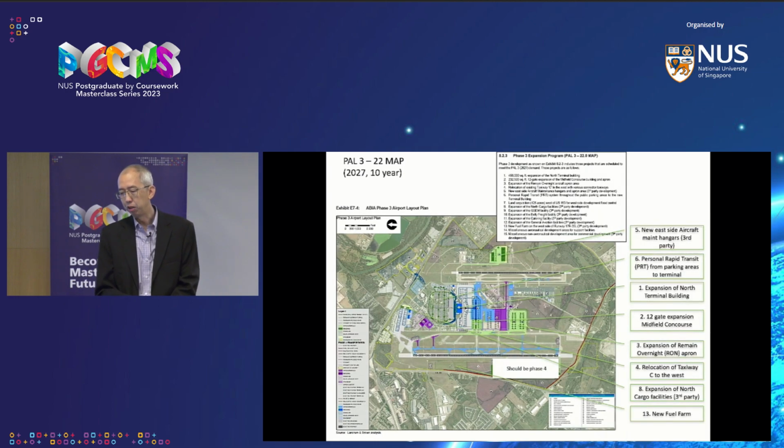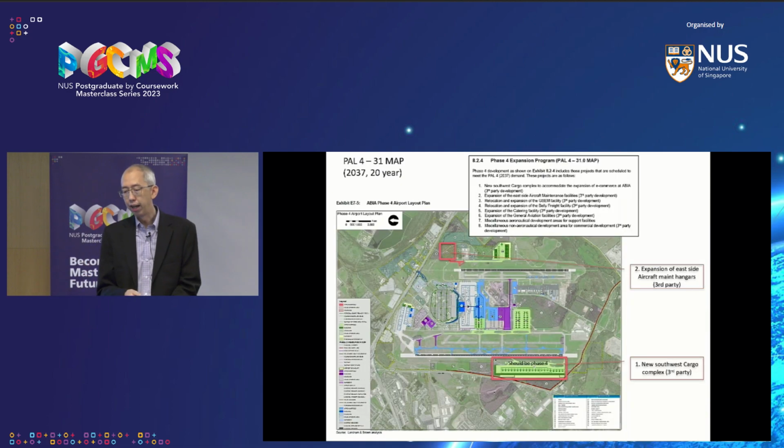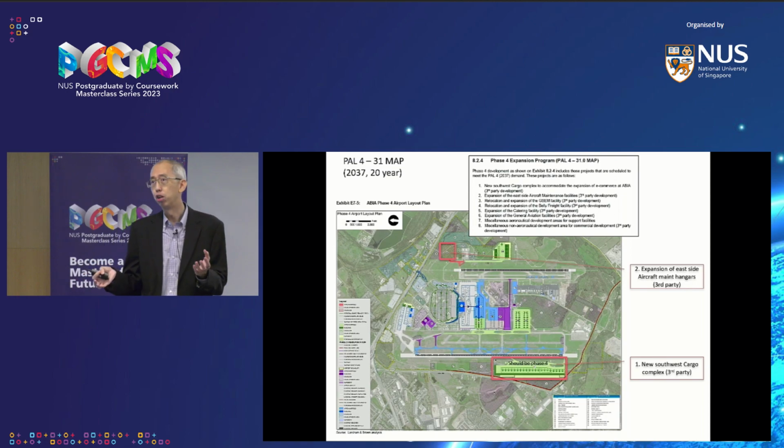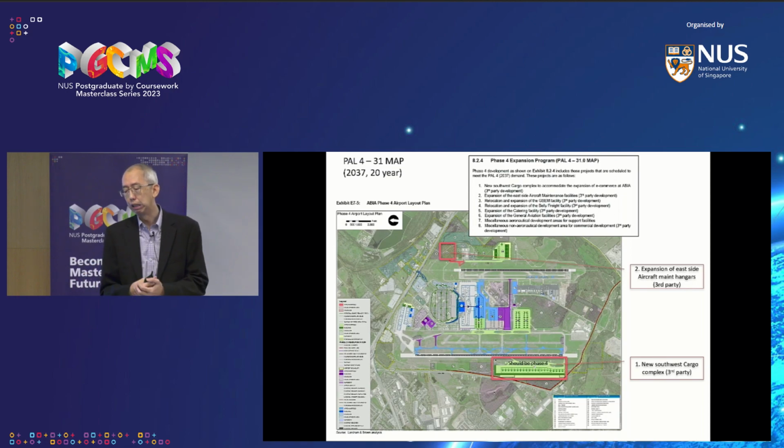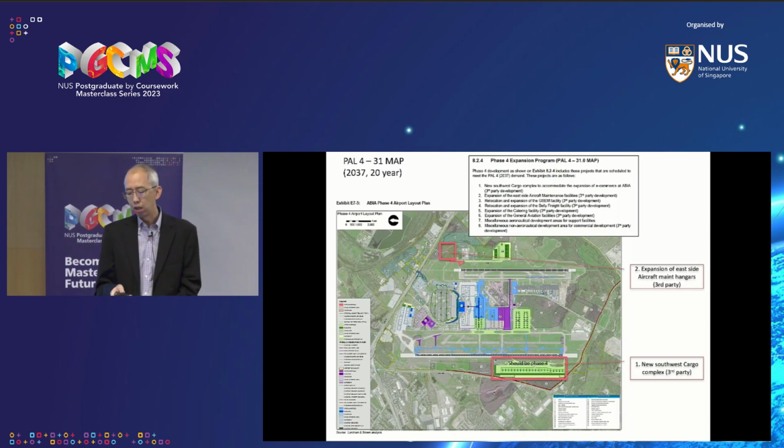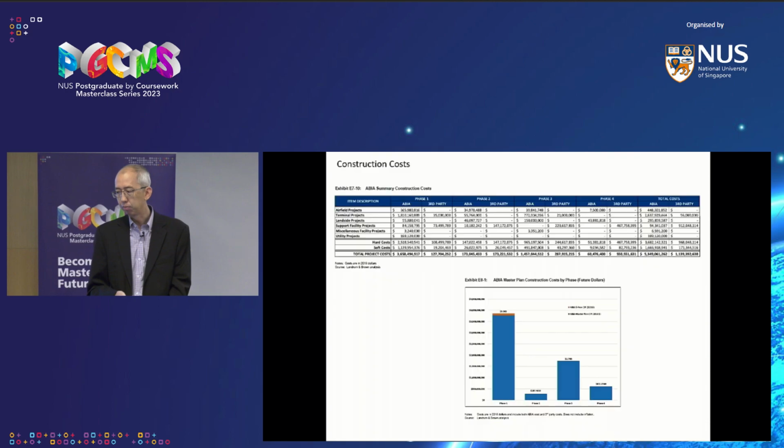And then they're going to build the green at the 10-year mark, but of course it can be accelerated. And then they're going to build the pink. And at the bottom of the screen, you can see that's the new cargo complex that they could actually build if Amazon wanted to build a brand new facility at the airport. So you can see how you can accelerate it, you can slow it down depending on your needs.